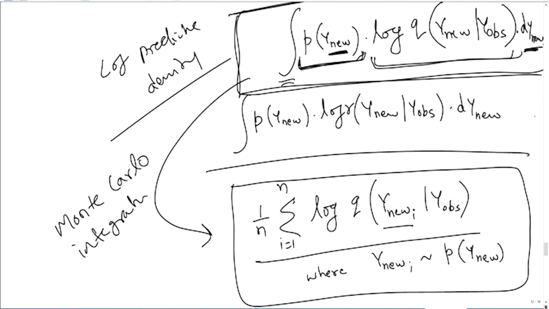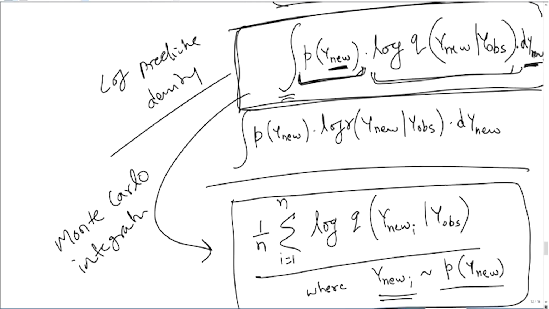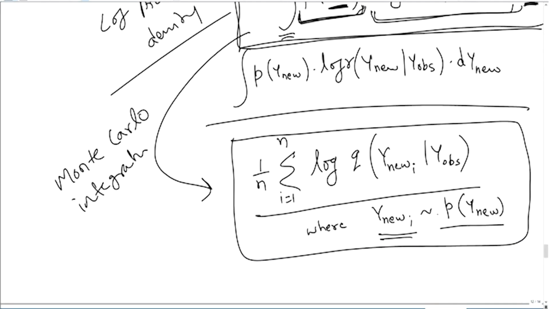This can be approximated if we draw a lot of samples of y new from this probability distribution P of y new, plug those samples into this function, and take the average of the values of this function over a lot of samples, let's say n. This will give us a good approximation of this integration, right? This is what we are going to use in practice for calculating predictive accuracy of a model.